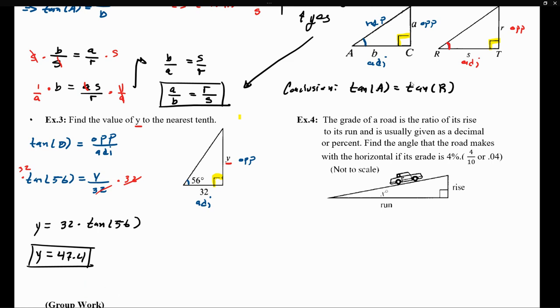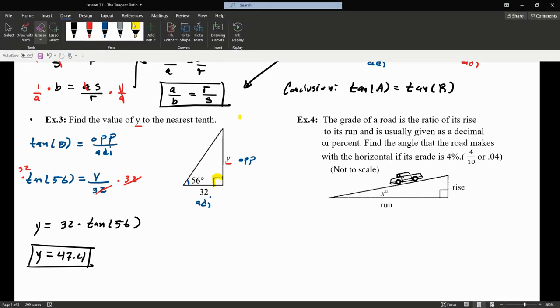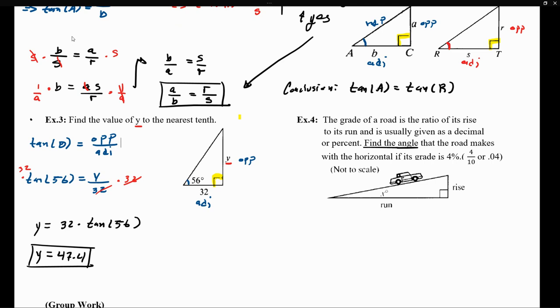Under example 4, it states, the grade of a road is the ratio of its rise to its run, and is usually given as a decimal or percentage, which is fine. Now here's the question. Find the angle that the road makes with the horizontal if its grade is 4% or 4/10. We note that the figure is not drawn to scale.